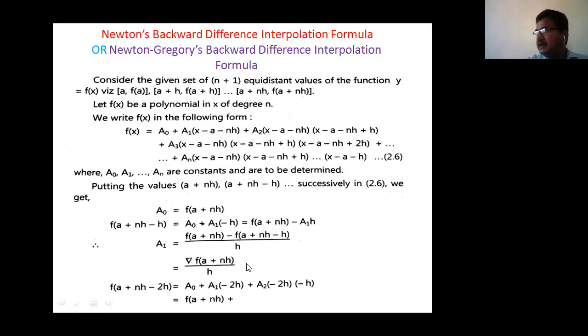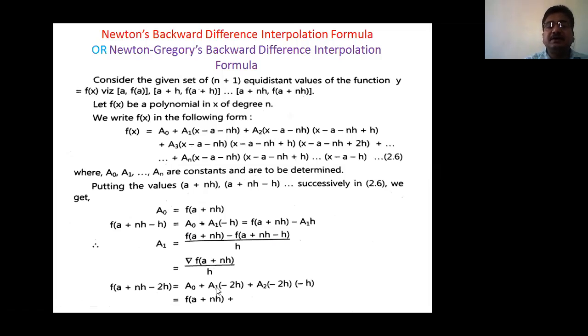Del fx is fx minus f of x minus h. That is the value at the same point minus the value at the previous point. So what is del f of a plus nh? It is f of a plus nh minus f of a plus nh minus h. The value at the point a plus nh minus the value at the previous point. So what is the previous point of a plus nh? It is a plus nh minus h, because the previous point is obtained by subtracting h.